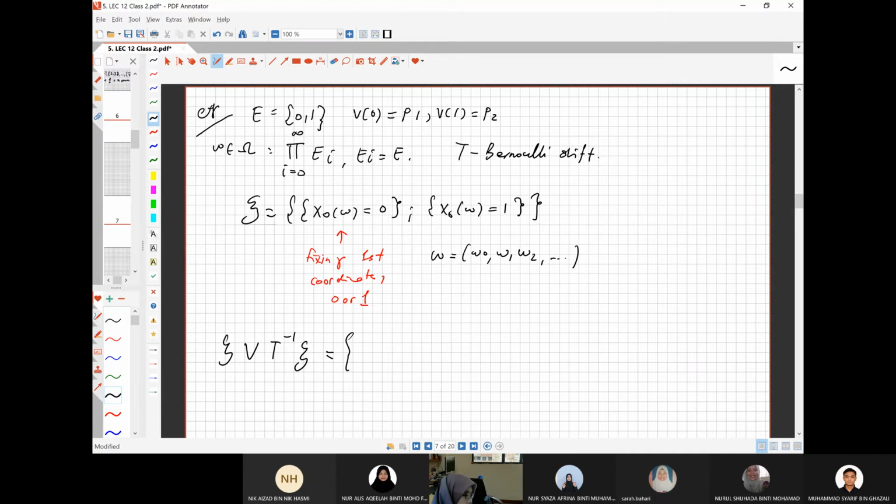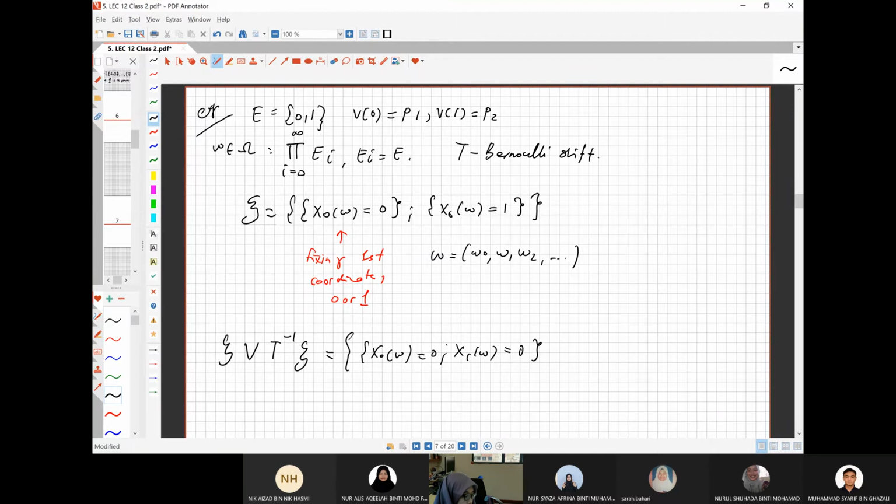Okay, now I want to find the join of this partition. So kalau kita join psi and the pre-image of psi, that means you are combining, or you are finding the pre-images, so that means you fixing two coordinates. So I can have x0 omega equals to 0, x1 omega equals to 0.